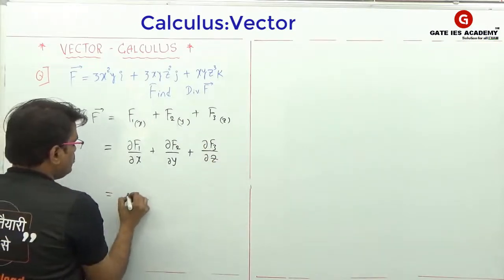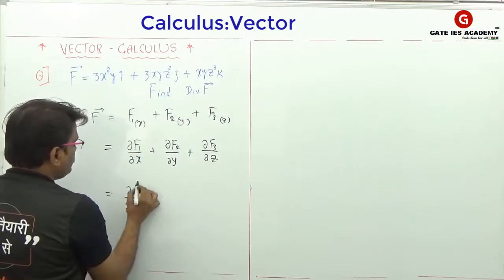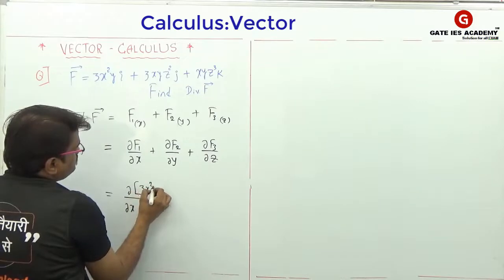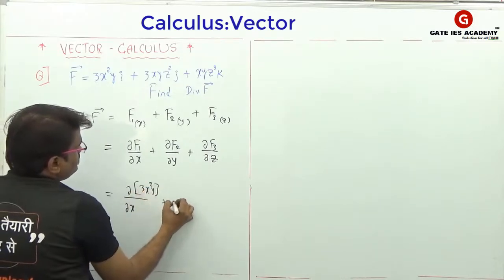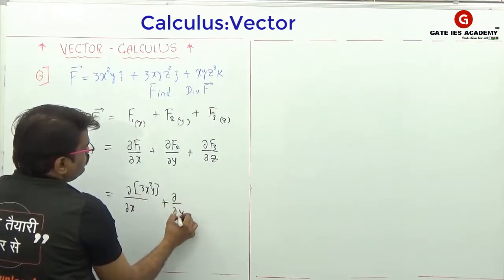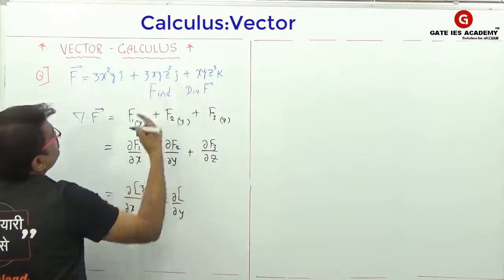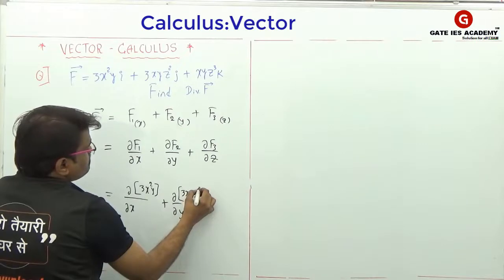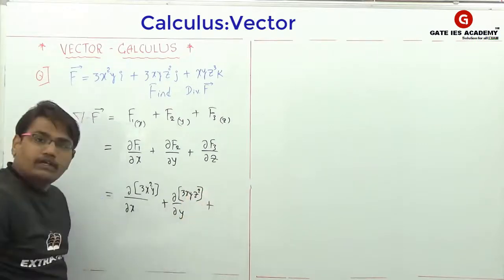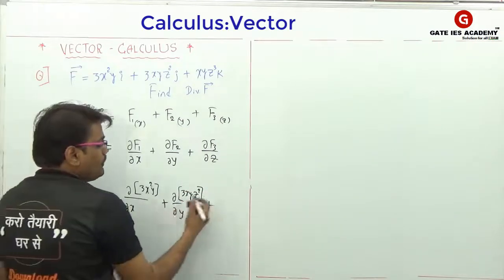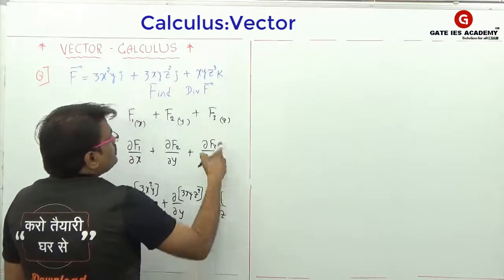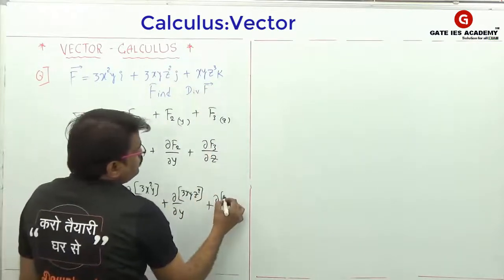And what is dou by dou x of f1? 3x square y, right? Plus dou by dou y of f2, 3xy z square, plus dou by dou z of f3, xyz cube.